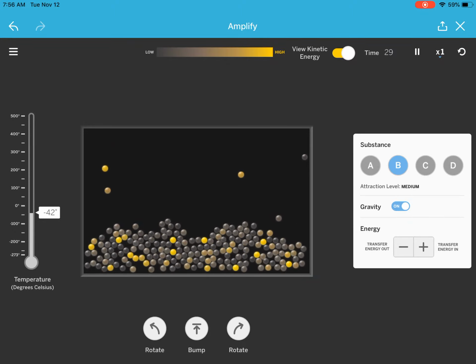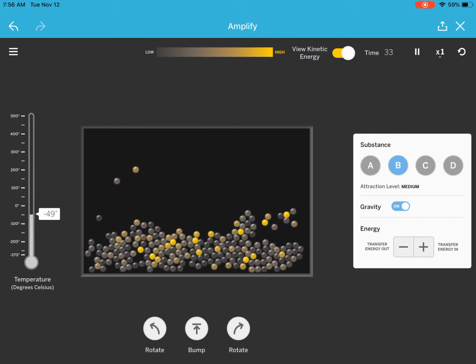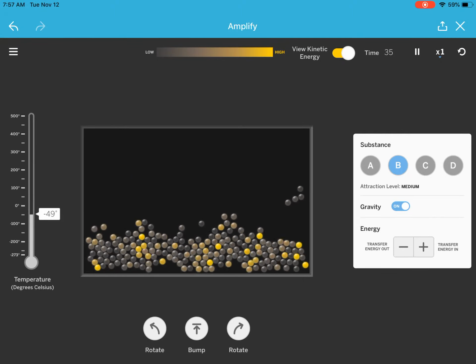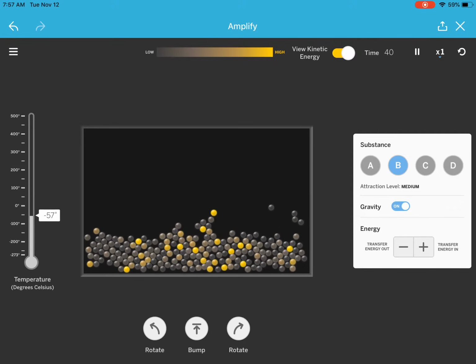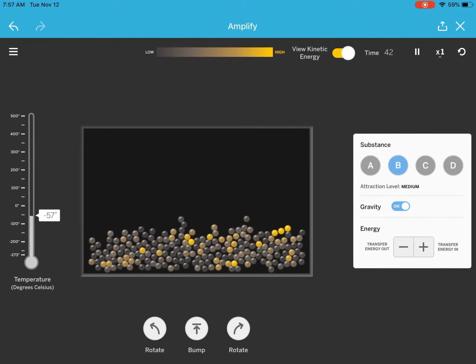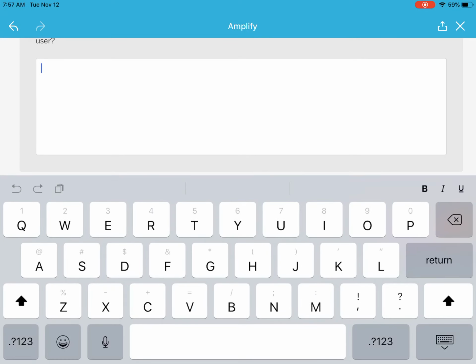Now it looks like they're kind of moving back and forth or getting closer back and forth. So maybe about, okay, a negative 57. Negative 57. Okay, and so then we go back to our information here to answer our question.